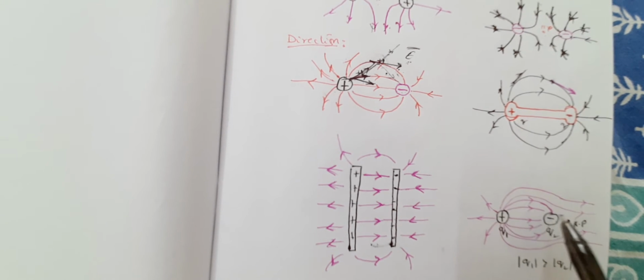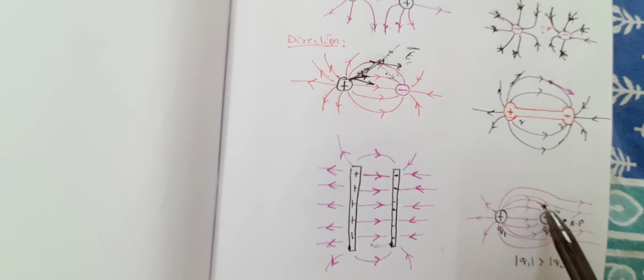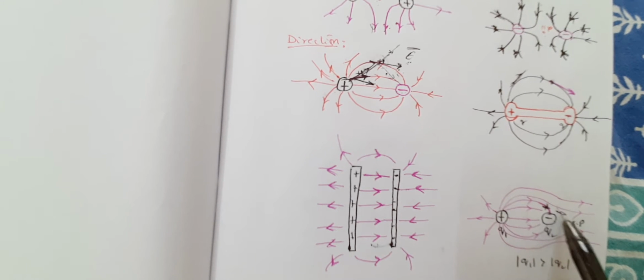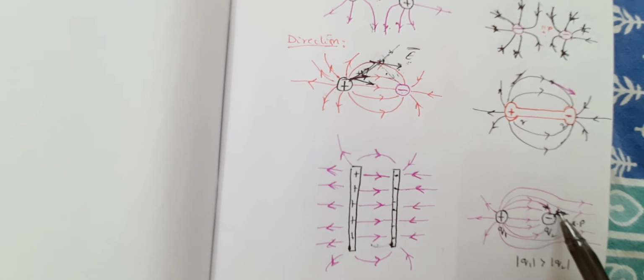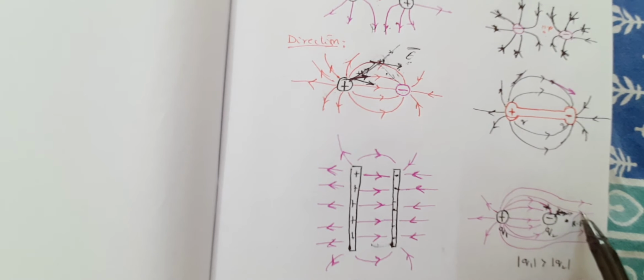So at every point, if the lines of force are in this direction and you extend them, this is the direction. Both are opposite: towards Q2 it is coming, and this one is going away from Q2, right? Because of the negative charge the lines go into it, and because of the positive charge the lines move outward like this.